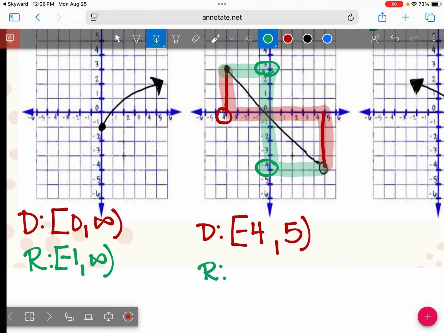So my range is -4. Now, is this -4 a bracket or a parentheses? Parentheses, because this is open. So my range starts open. So I'm going to put a parentheses on the -4. And then it's going to go up to here, which is what?